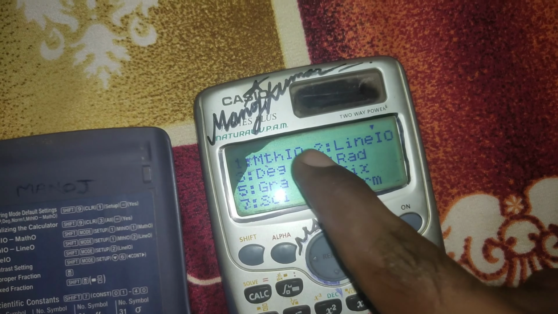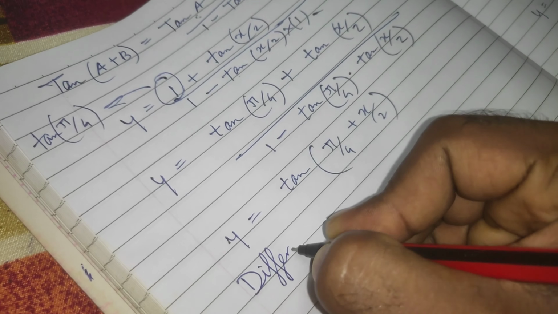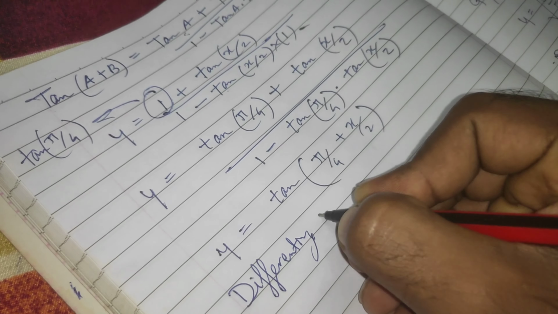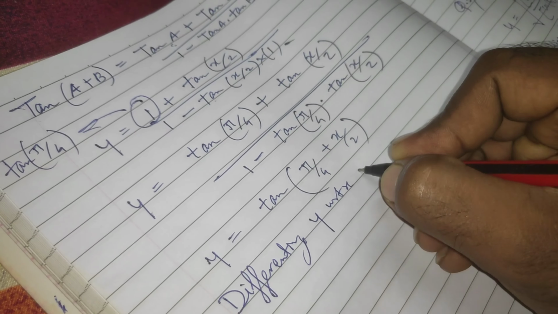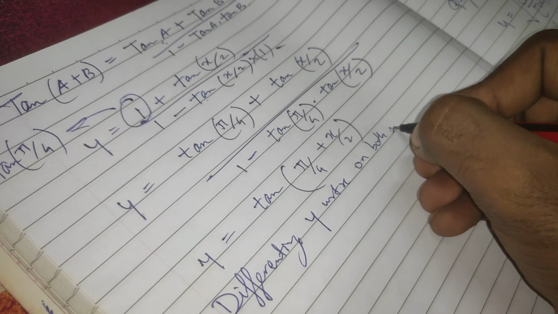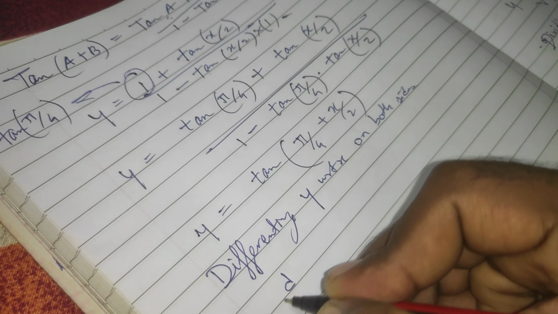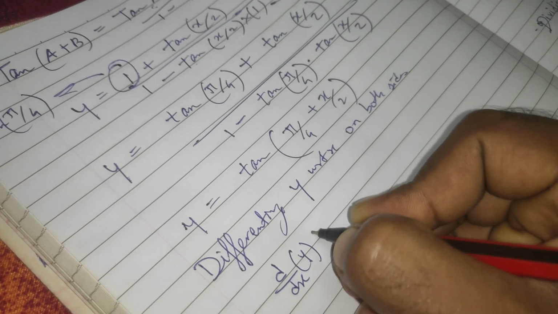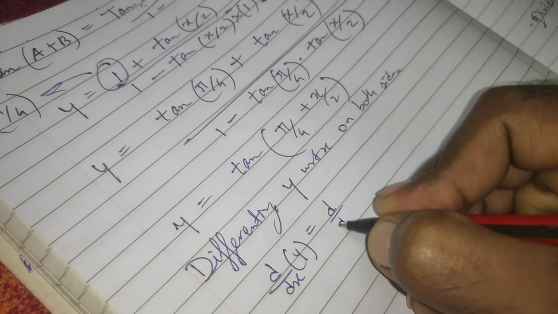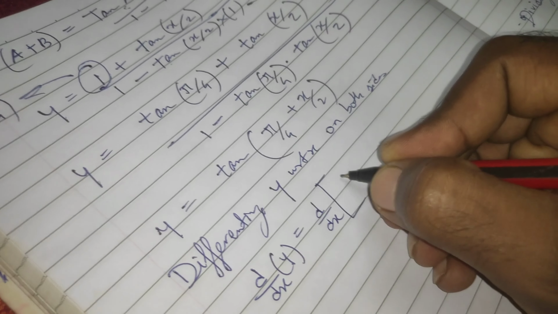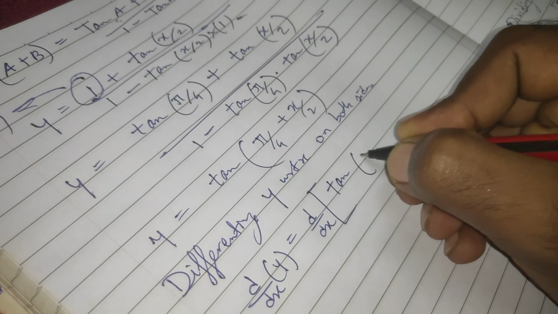So now we can differentiate y with respect to x on both sides. So d by dx of y equal to d by dx of tan(pi by 4 plus x by 2).